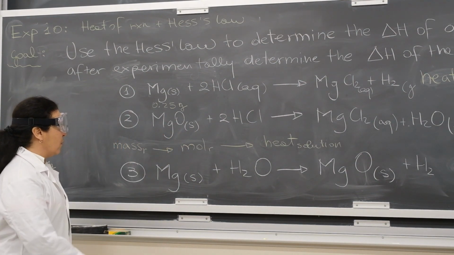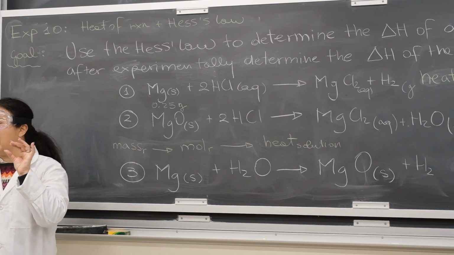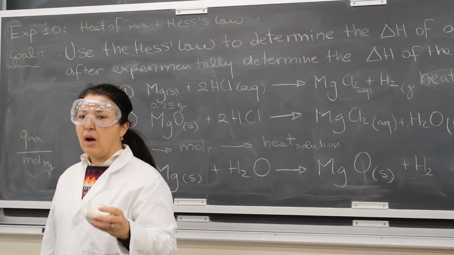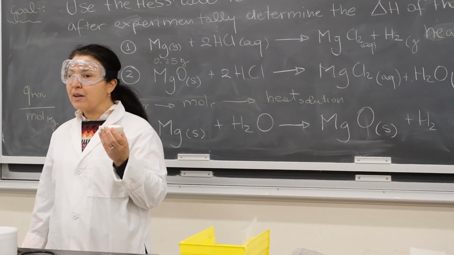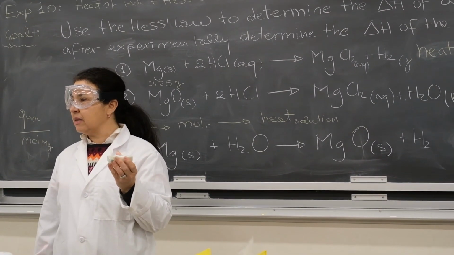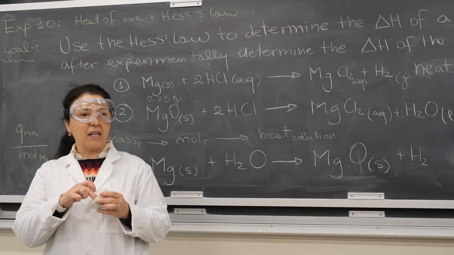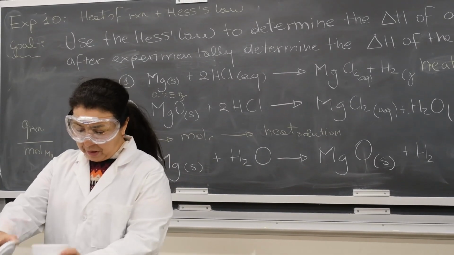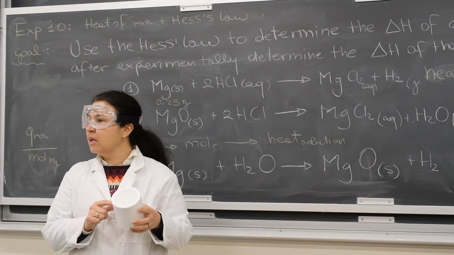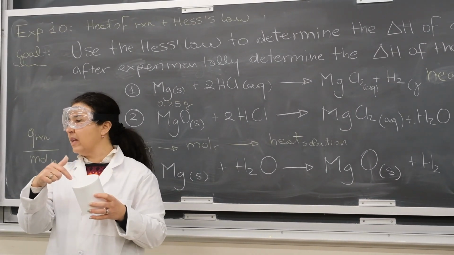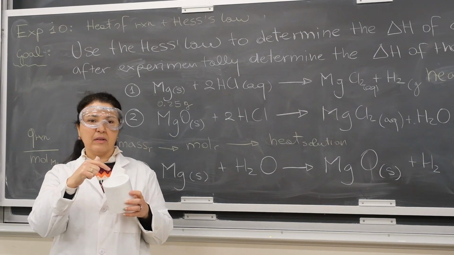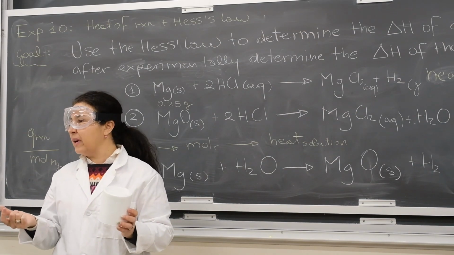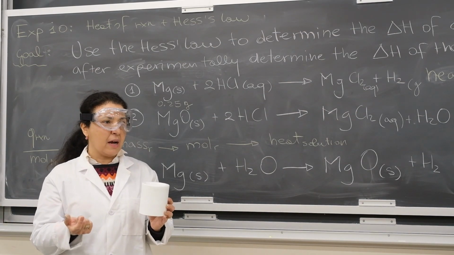This is a white powder, and it's kind of sticky. So when you weigh the magnesium oxide in the boat, make sure that you really collect all of it, okay? Because some of it will stick to the boat. Some of it, you have to pour carefully because it will also stick to the walls of the calorimeter, and then you have a wrong reading of temperature because some of it won't react.